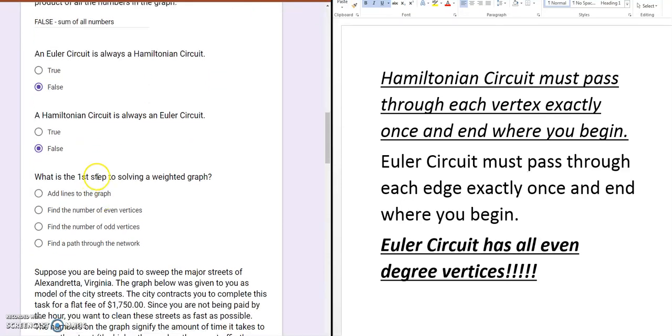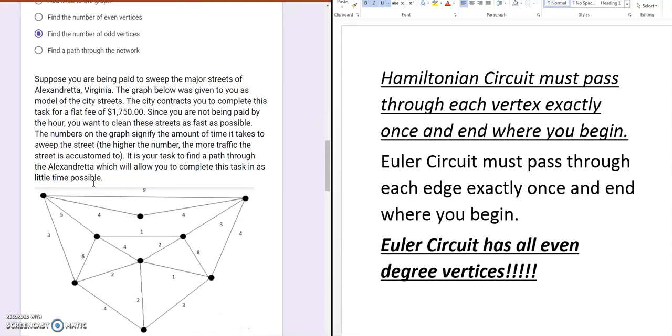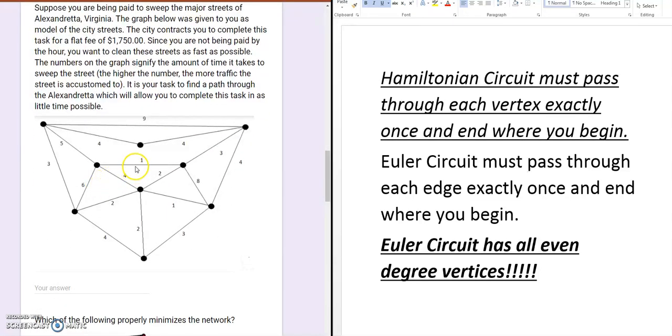The first step to solving a weighted graph is finding the odd number vertices. Because in order to solve the weighted graph, we must find the odd vertices, and turn them into an even degree. Whenever we have this weighted graph, what we want to do is solve it in terms of the number of hours or the total number it takes to solve this graph.